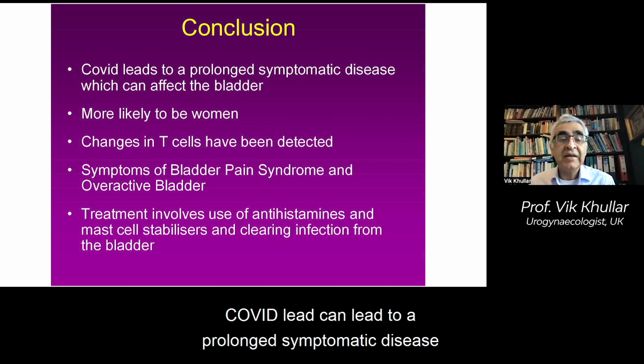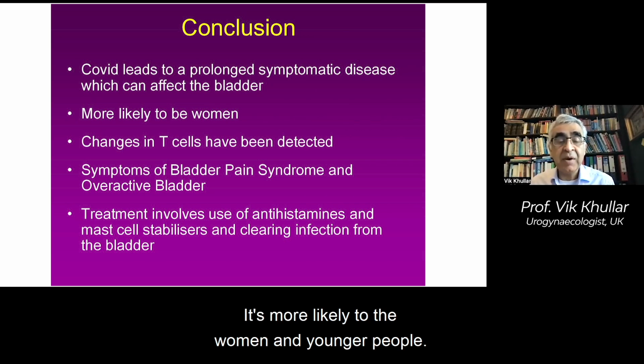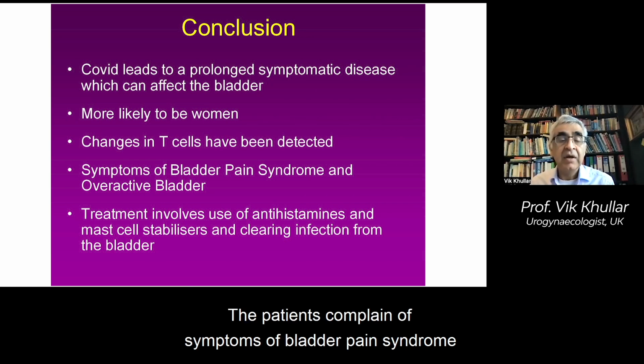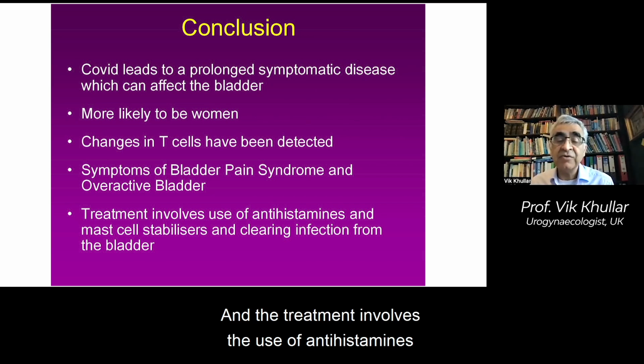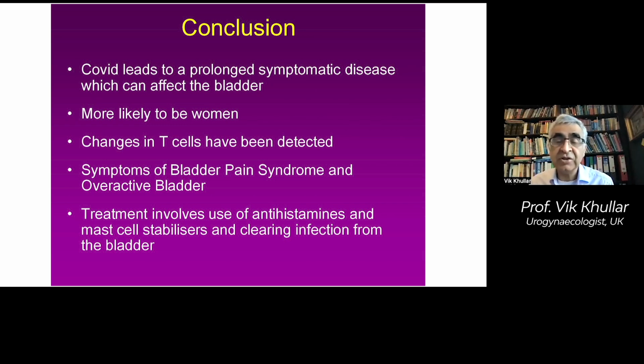COVID can lead to a prolonged symptomatic disease which can affect the bladder. It's more likely to be women and younger people, and there are changes in the T cells which have been detected. The patients complain of symptoms of bladder pain syndrome and overactive bladder, and the treatment involves the use of antihistamines, the type 1 antihistamines, to block histamine production and its effect on the tissues.